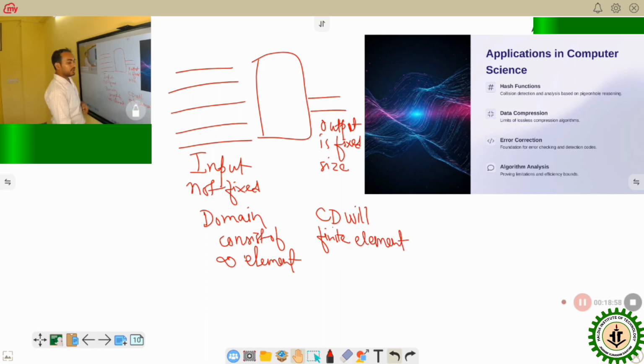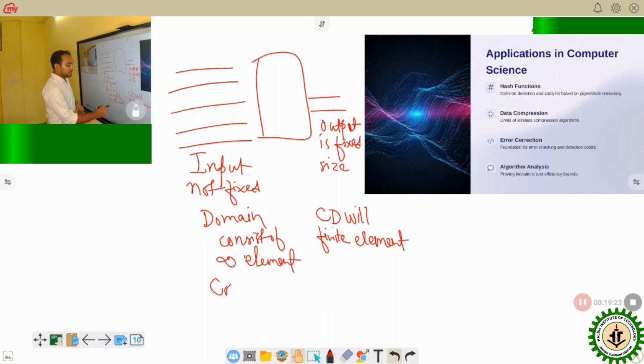So we see that the number of inputs in a hash function is not fixed, that means it may consist of infinite elements, but the output is a finite number. So we can use the pigeonhole principle to say that the inputs of the domain will have a collision.